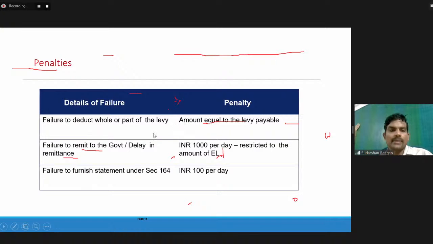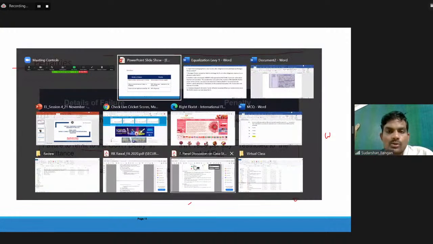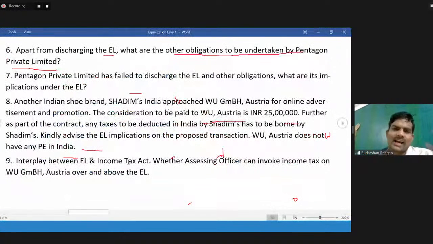These are the penalties: failure to deduct an amount equal to levy payable; failure to remit, 1000 rupees per day; failure to furnish the statement, your TDS return kind of equalization statement, 100. These are procedural aspects. Please look at them. They may ask you these questions, maybe in a multiple choice question. What is the interest for delayed payment? 1%. Similarly, when should you deposit? Within the 7th day of the next month.